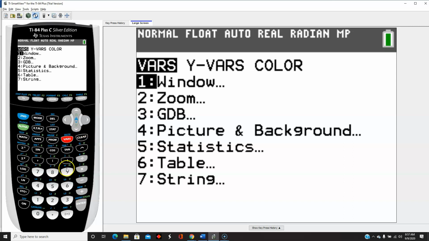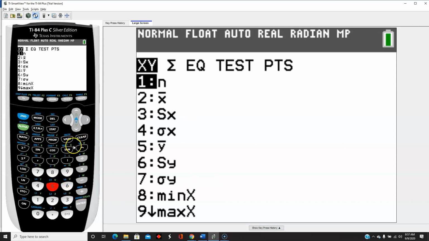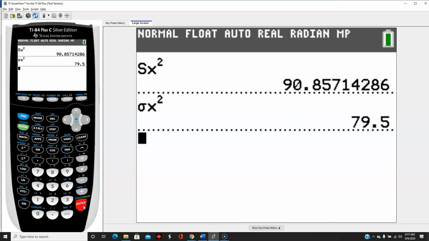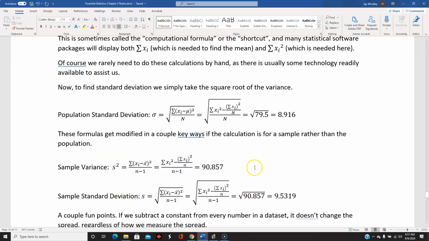If I take the sigma and I square it, there's the 79.5 that we had up here earlier. Okay, but usually in this class, we're going to be talking in terms of standard deviation and not variance. Sometimes in an engineering class or something like that, they'll talk about variance more so than standard deviation.